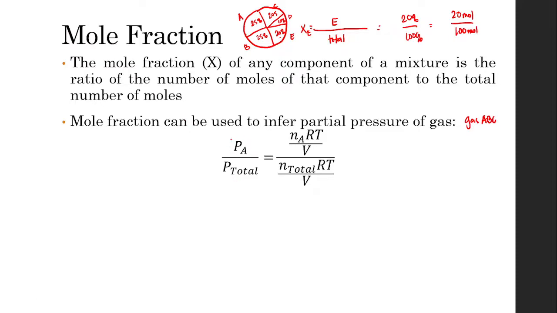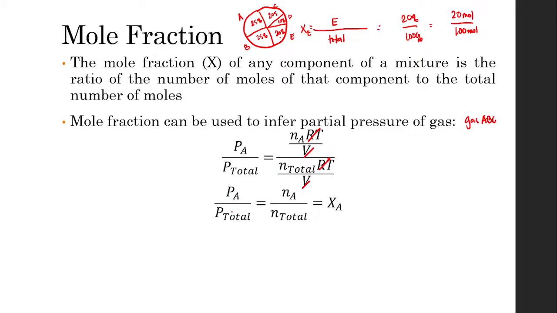So the partial pressure of A divided by the total pressure of your gas mixture ABC is equal to the number of moles of A times RT/V divided by the total moles of all the gases A, B, and C times RT/V. And we can cancel the R, T, and V.